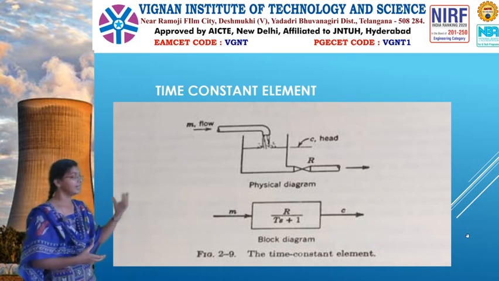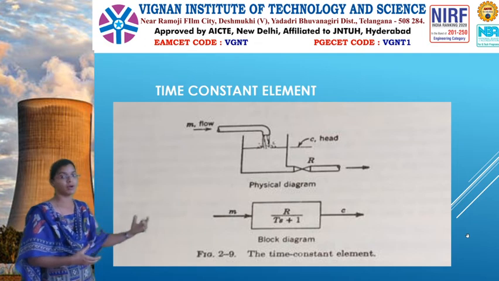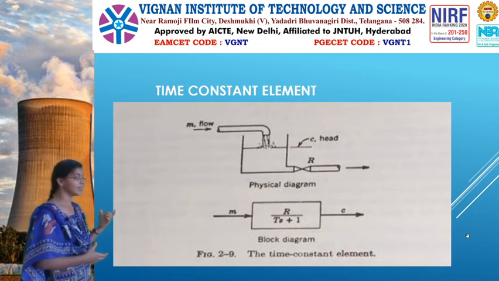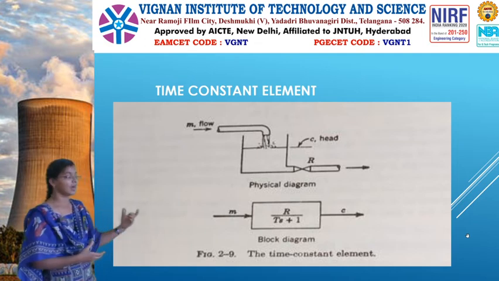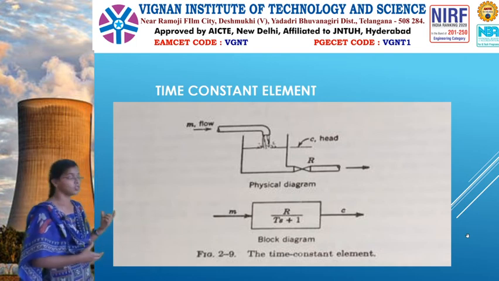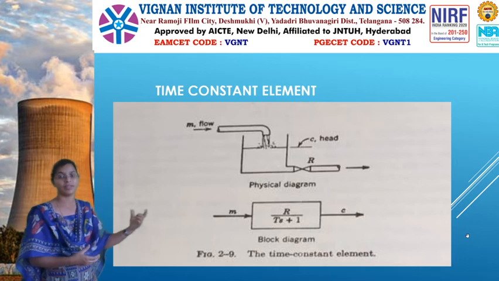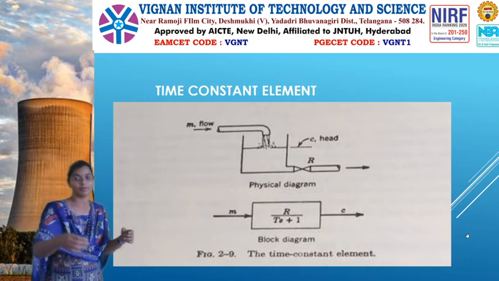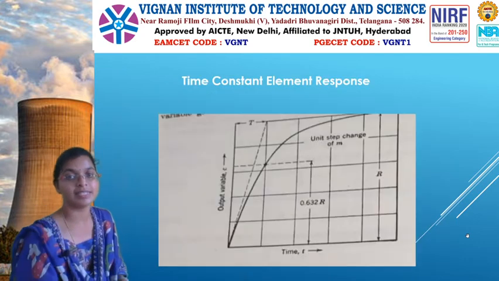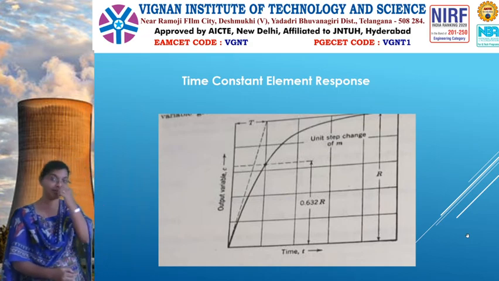That entire system we are going to replace with a block, that block having the input of M and the output of C. Okay. So the input M, that flow rate we are going to apply, and the output C we are going to get here.